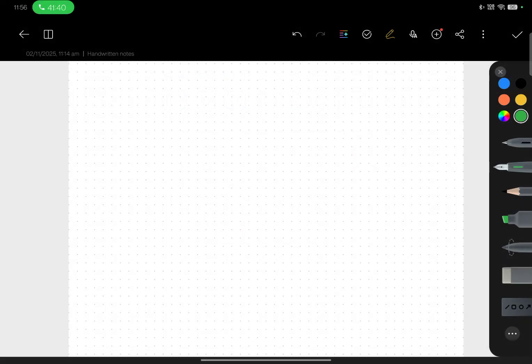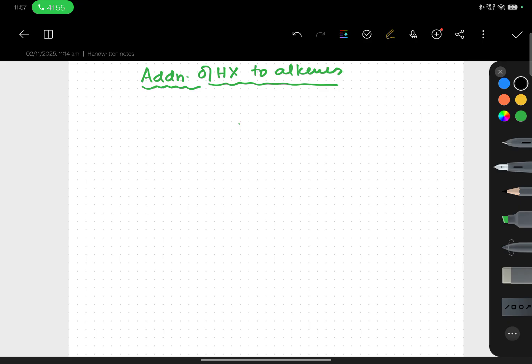Now we will get into the details of addition of alkyl halide to alkenes. We saw a few reactions, now we are going to see in detail. Remember, when I say HX, HX can be HI, HBr, HCl and HF.